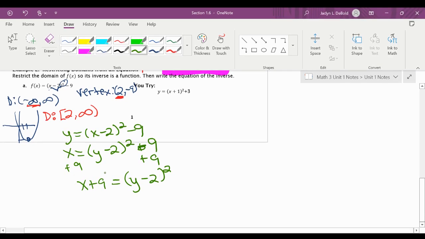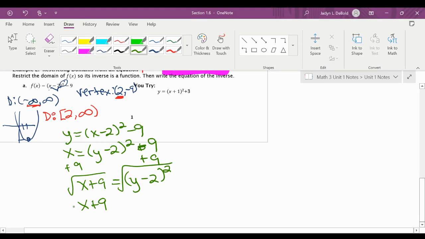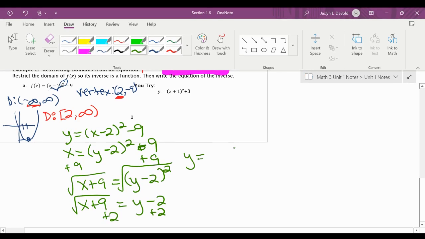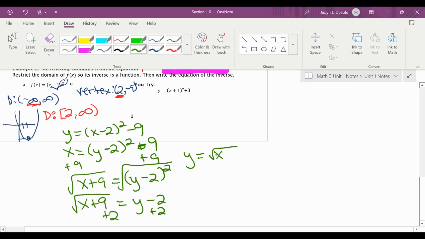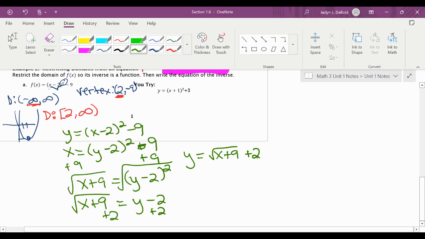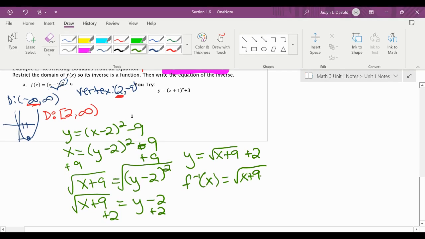And then now we're going to do the square root. I don't need to put a plus or minus because I restricted the domain. And I'm going to add 2 now. And so I would get y equals the square root of x plus 9, plus 2. Or I would write it as f inverse of x, or f of negative 1. And that would be it.